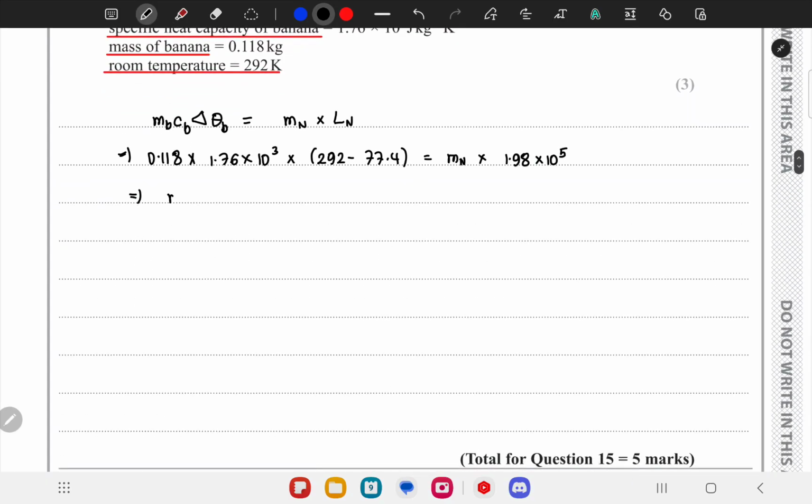From this, if we calculate the mass of nitrogen required, this will give us a mass of 0.225 kg.